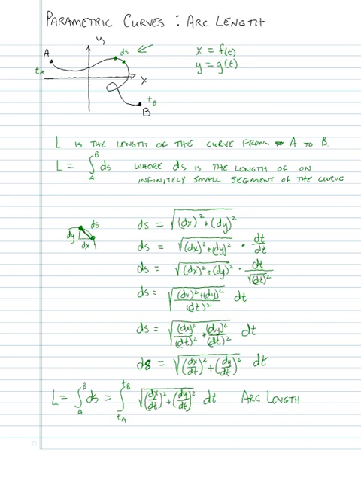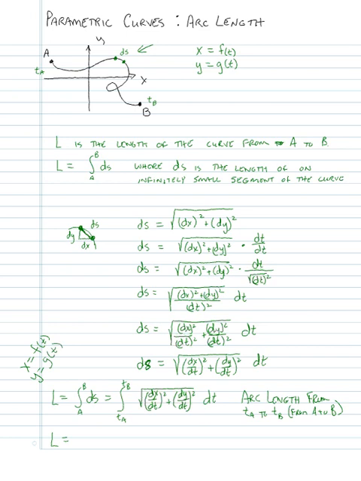Now, we could write that, that's the arc length from, of course, t subscript a to t subscript b. Or we could say from point A to point B. Now, we might notice one other thing. Remember what we said up above, x is f of t. It's some function of t. And y is g of t. So we could write this a little bit differently.